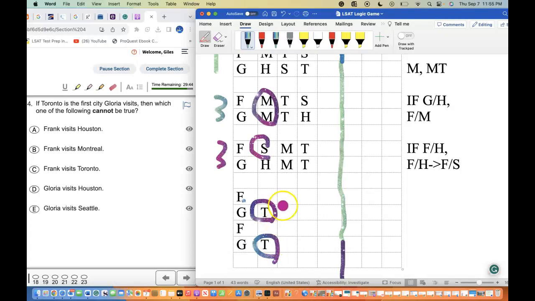Which of the following cannot be true? So technically I can't put Montrose in Toronto here because, well, let's see what we could do. Alright, well, if that's the case, then we're going to put M here.